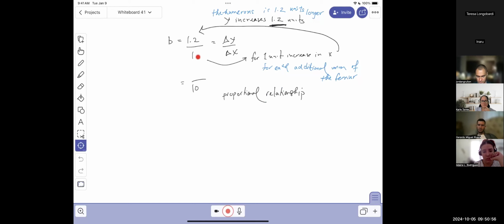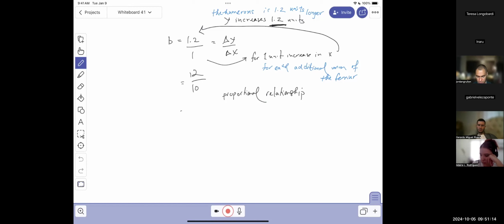So for every unit, y is 1.2 longer. So if you have 10 units, how much longer will y be? Right, 12. Very good. Okay, so you just multiply.